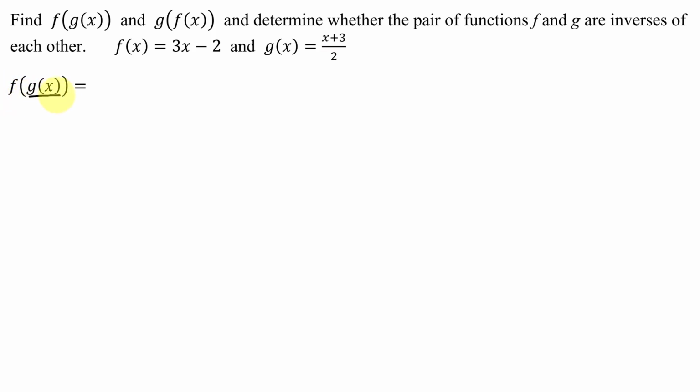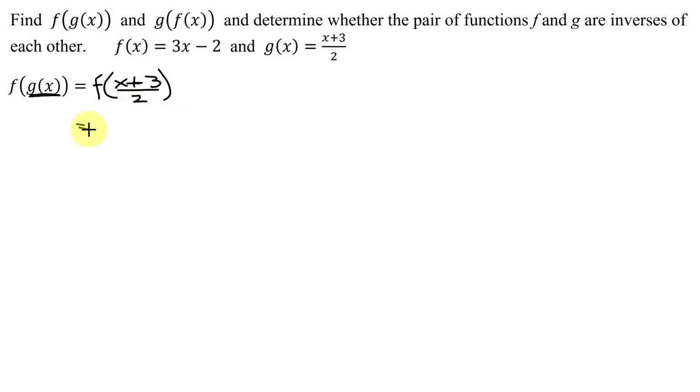Remember, we work from the inside out, so I'm going to replace g of x with its definition. So I'm going to get f of, instead of g of x, I have (x plus 3) all divided by 2.